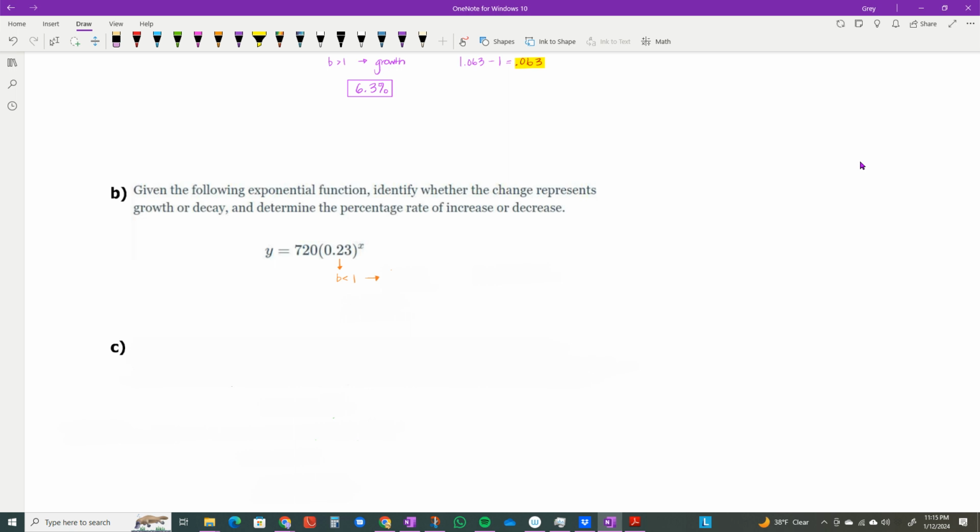So I hope you know that means it's decay. And how did they get that number? This 0.23 is the result of 1 minus the rate. So I can switch those two and say, okay, well, what's 1 minus 0.23? That's 0.77. So that's my rate, 77%. And of course it is a decrease because we said decay.